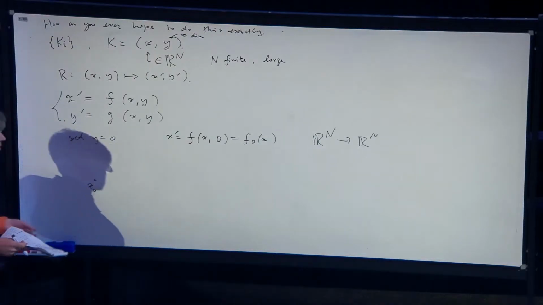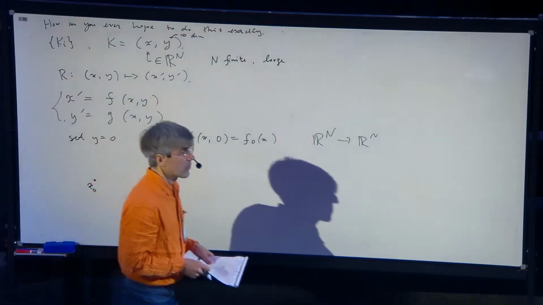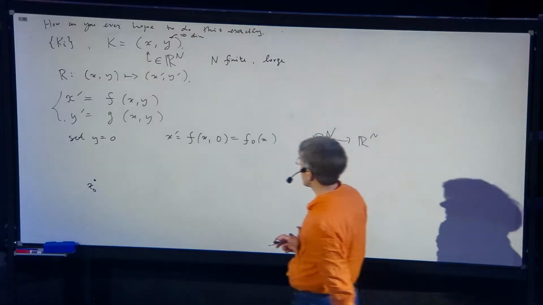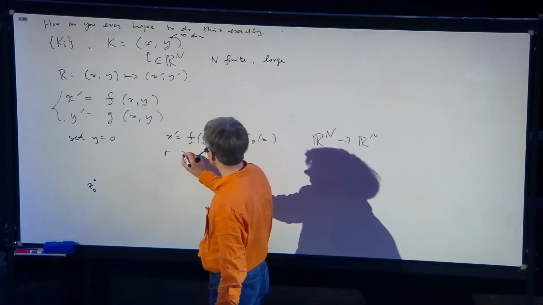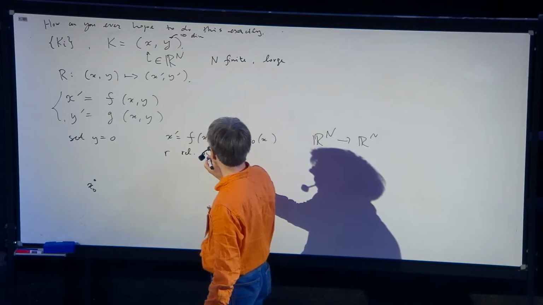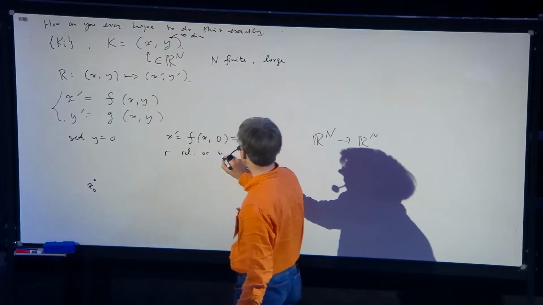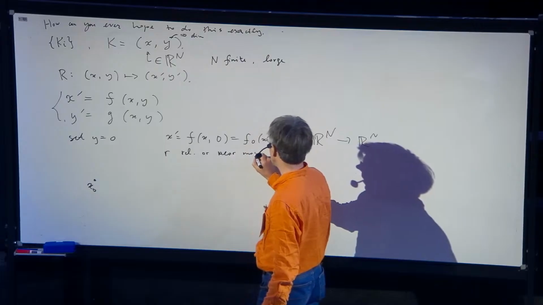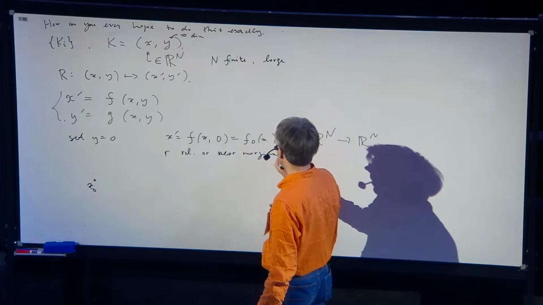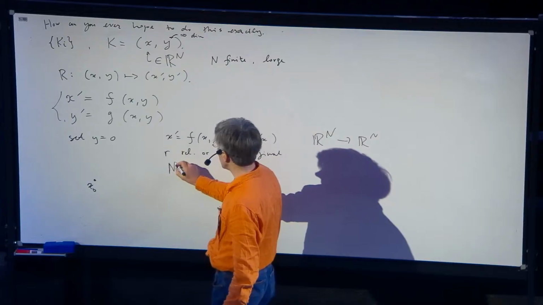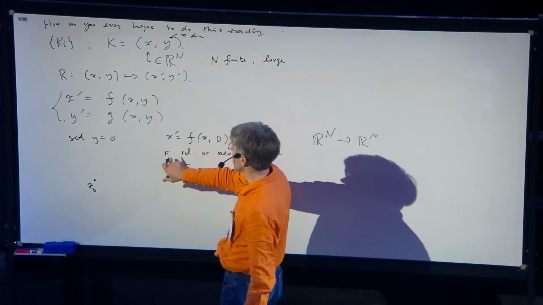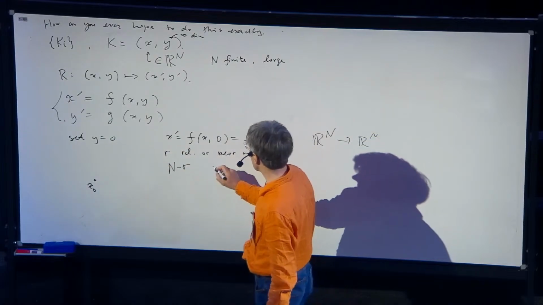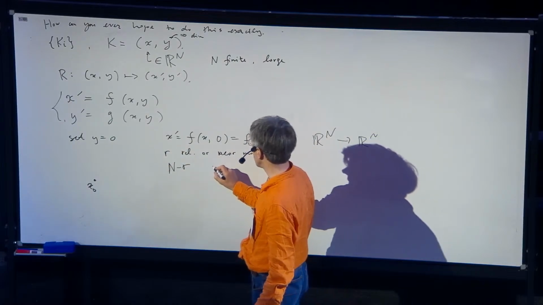Typically, in situations of interest to quantum field theory, you will find that there's going to be a finite number r of relevant, or maybe weakly relevant or near marginal, directions. The rest of the directions, n minus r, are going to be irrelevant. Here n is a large number, but r is a finite number which doesn't depend on n.